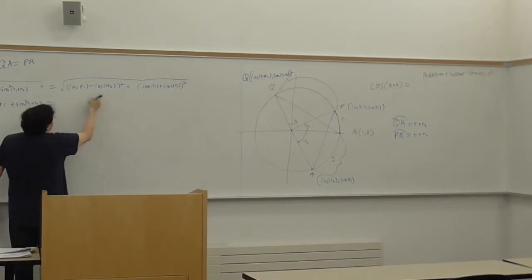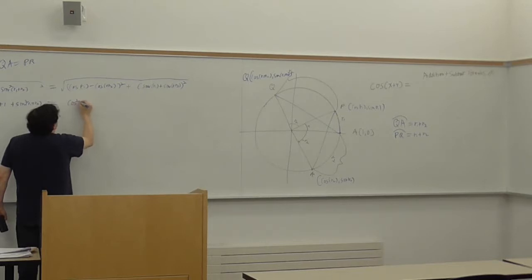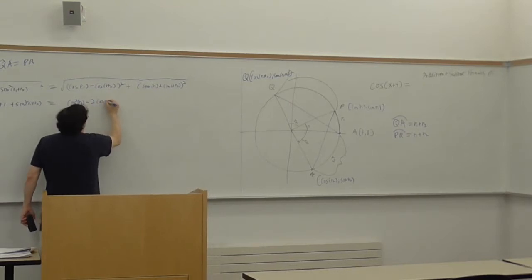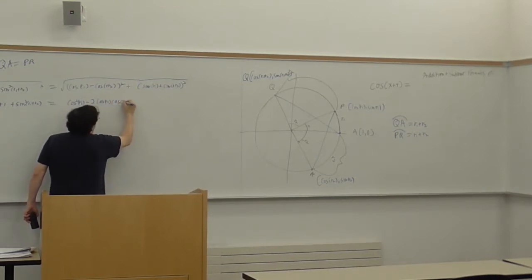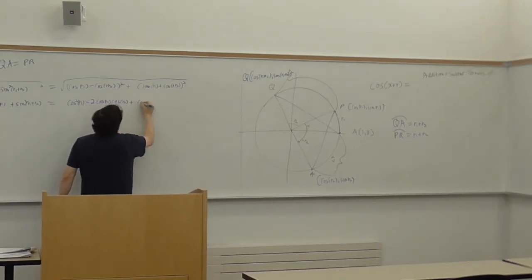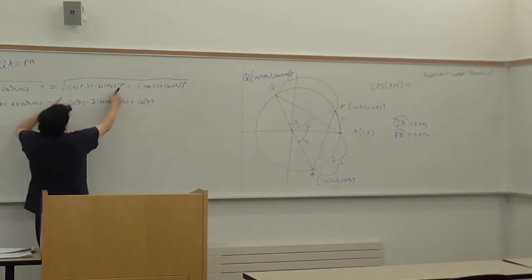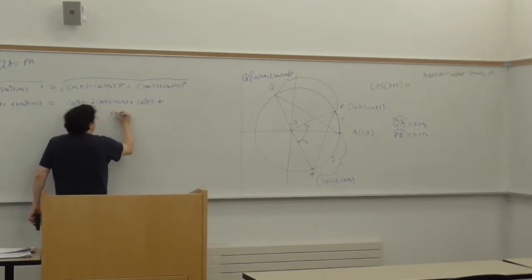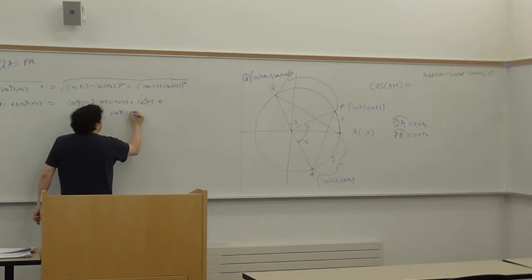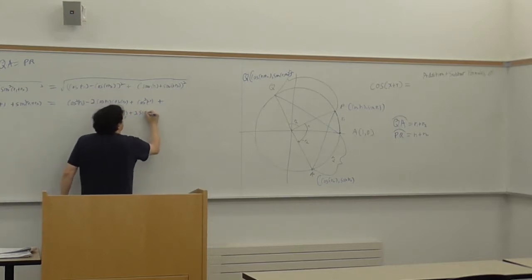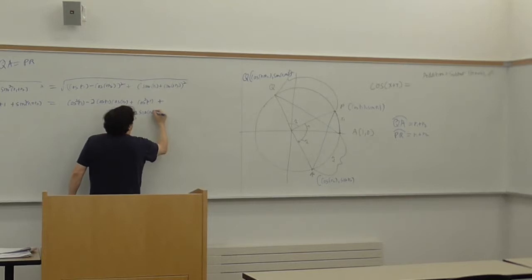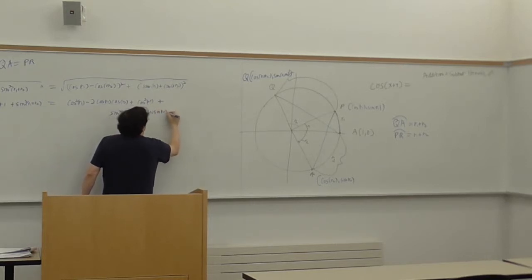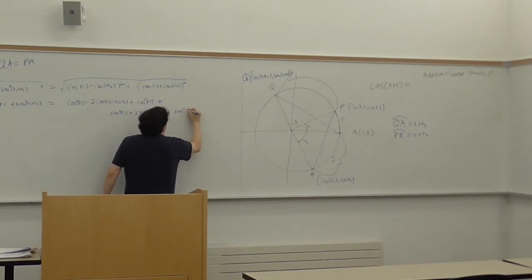Again, I have to expand this. So we have cosine squared R1 minus 2 cosine R1 cosine R2 plus cosine squared R2. That's this part, expanded. And here, what do we get? We get sine squared R1 plus 2 sine R1 sine R2 plus sine squared R2.